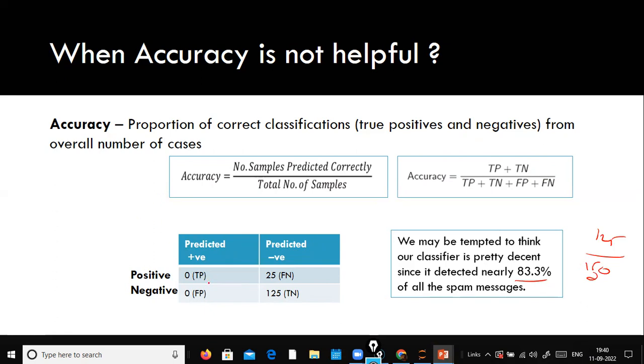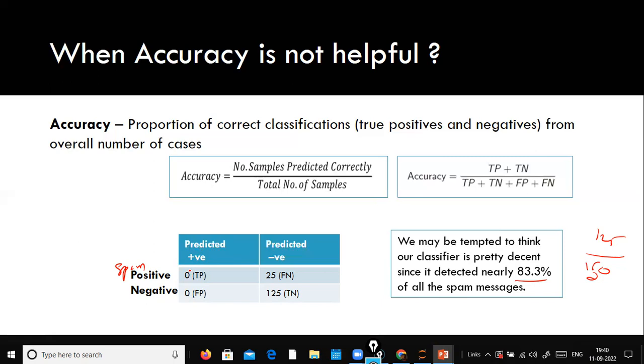But when you look at this, actually it is spam. But your model predicted no spam. In the predicted column, you see 0, right? That means your model was not able to detect the spam emails as spam emails.